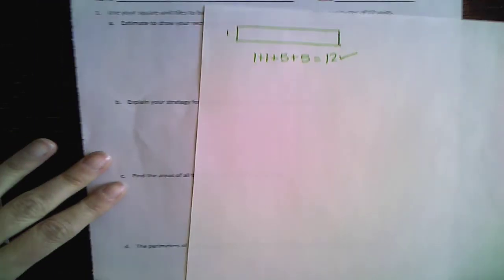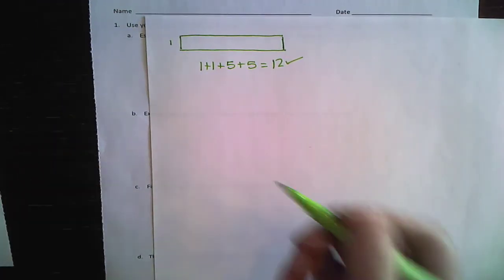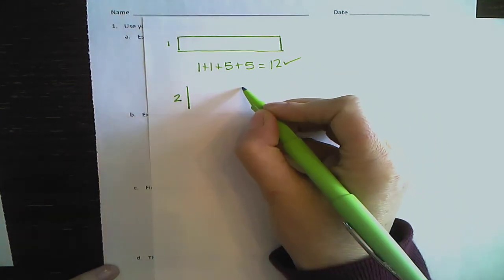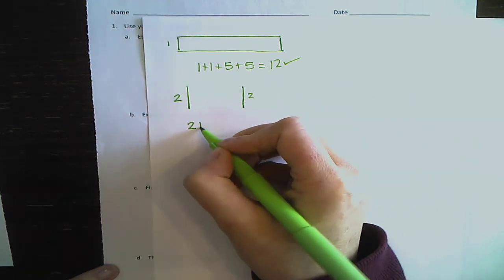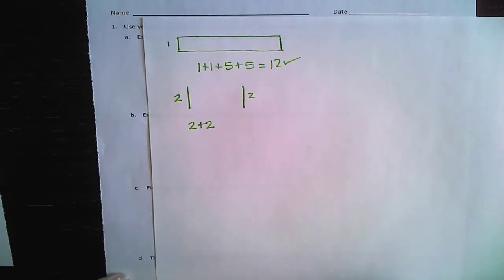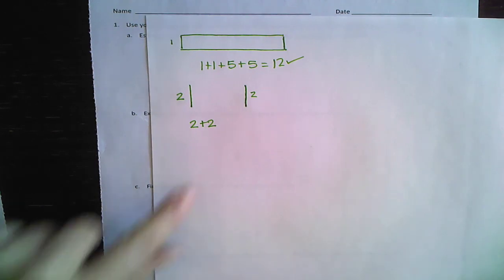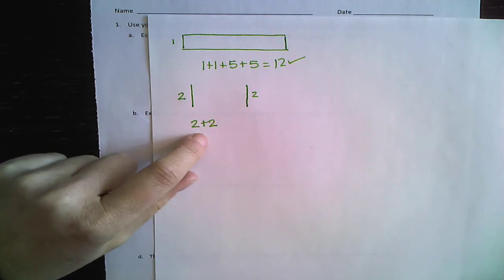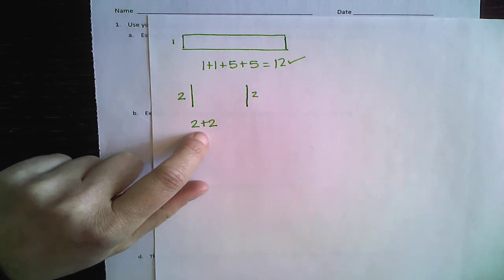What if we do 2? Can we do 2 on the side? Let's try it. If we have 2 units here, again, that's going to mean that we're going to have 2 units over here. So we have 2 plus 2, which gives us what? Right, that makes 4. So now, what can we add to 4 to get to 12? Exactly, we need to add 8.